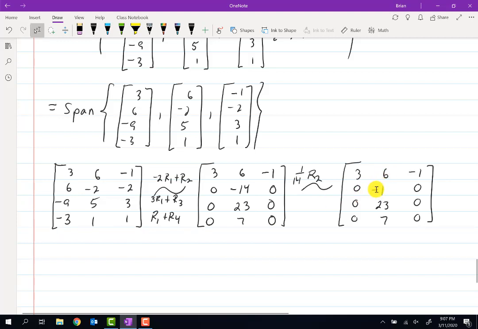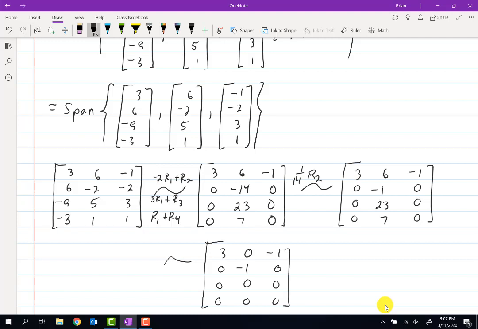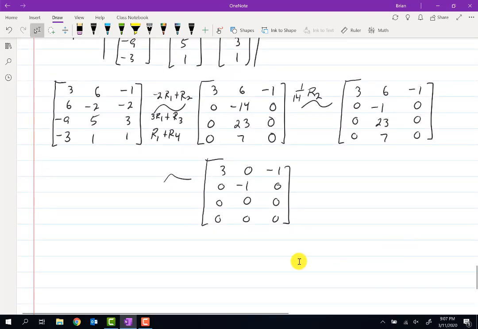If I take 23r2 plus r3, I'll wipe out this entry. And if I take 7r2 plus r4, I'll wipe out that entry. So I'll just put a big squiggle here so you know how I get it. I mentioned all that. Now there's no question, you can see we have 2 pivot columns.